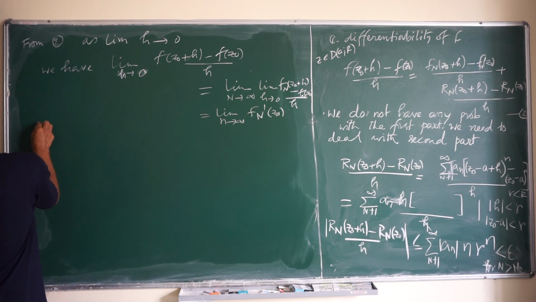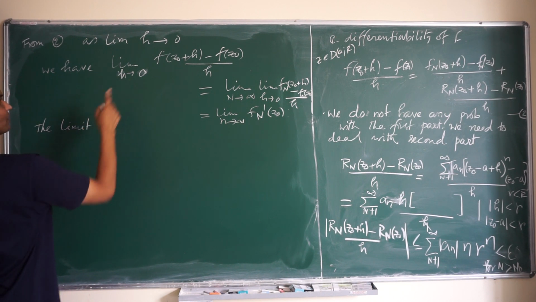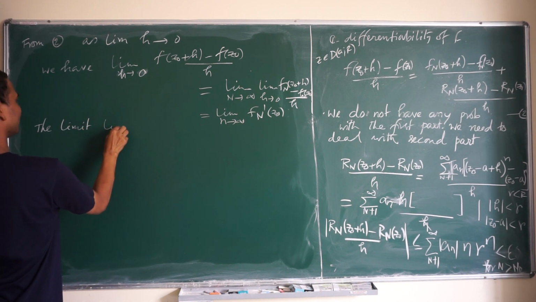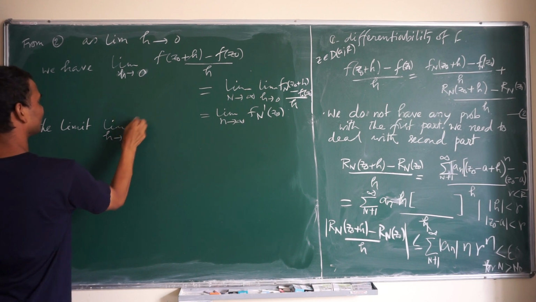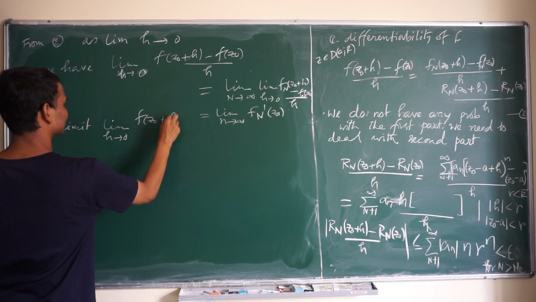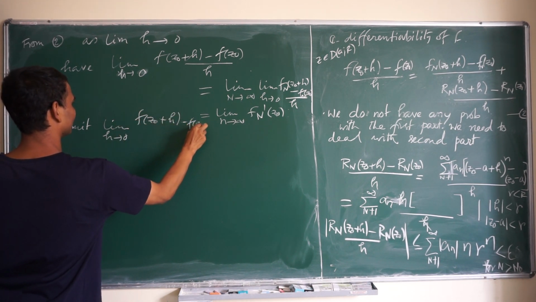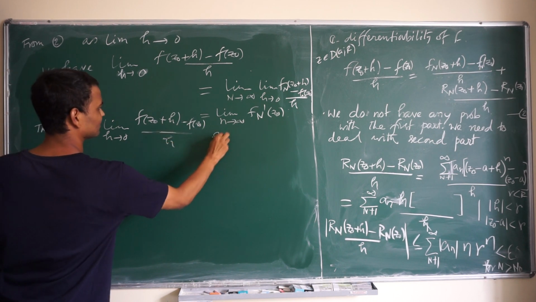So the limit as h tends to 0 of (f(z0 plus h) minus f(z0)) by h exists.